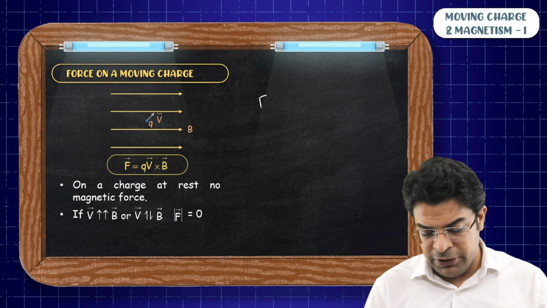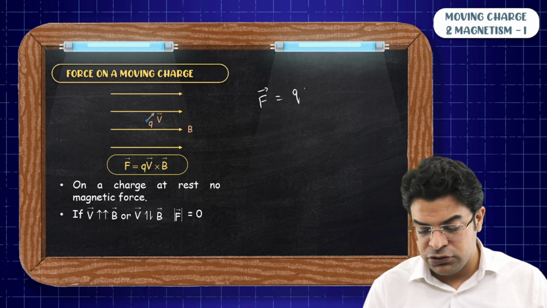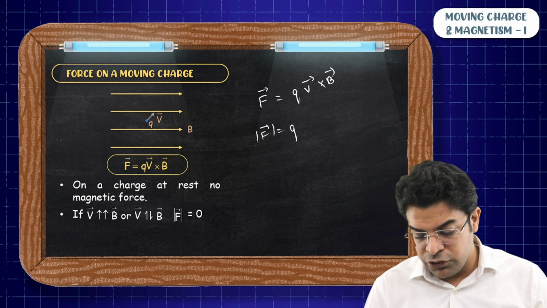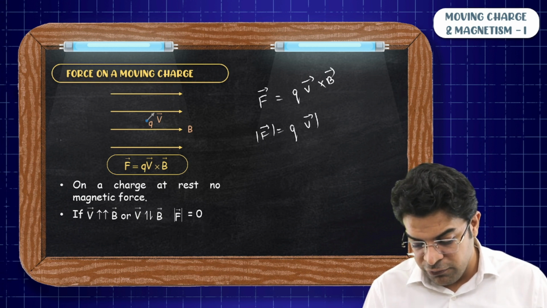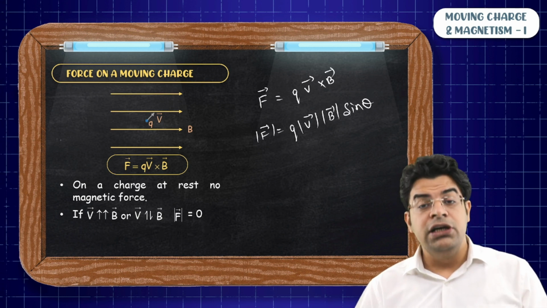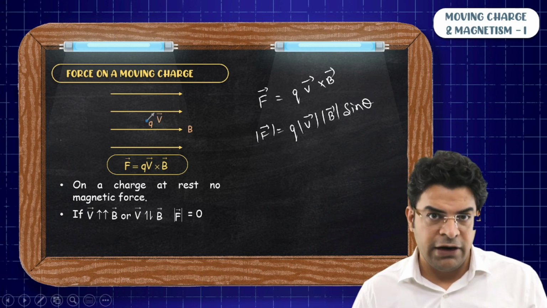If they have given me that force vector equals q into v cross B, I can write that the magnitude of force will be equal to q times the magnitude of v into magnitude of B into sine of the angle between the velocity vector and the magnetic field vector.